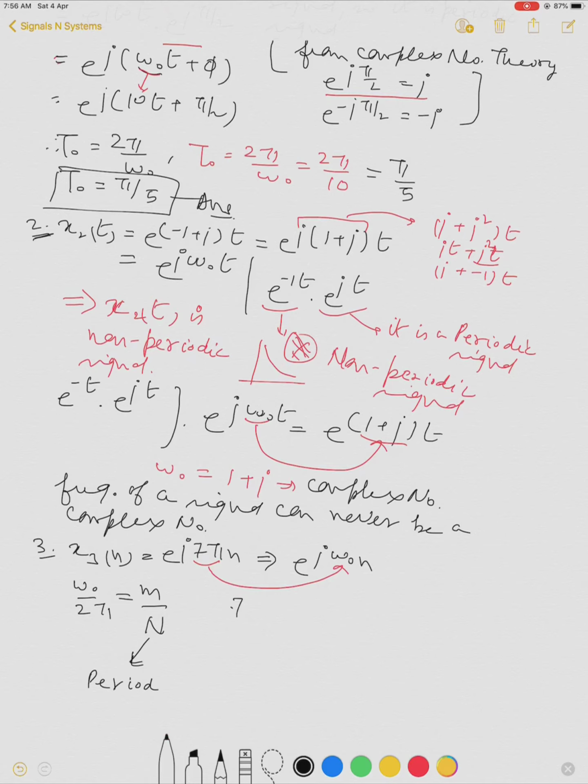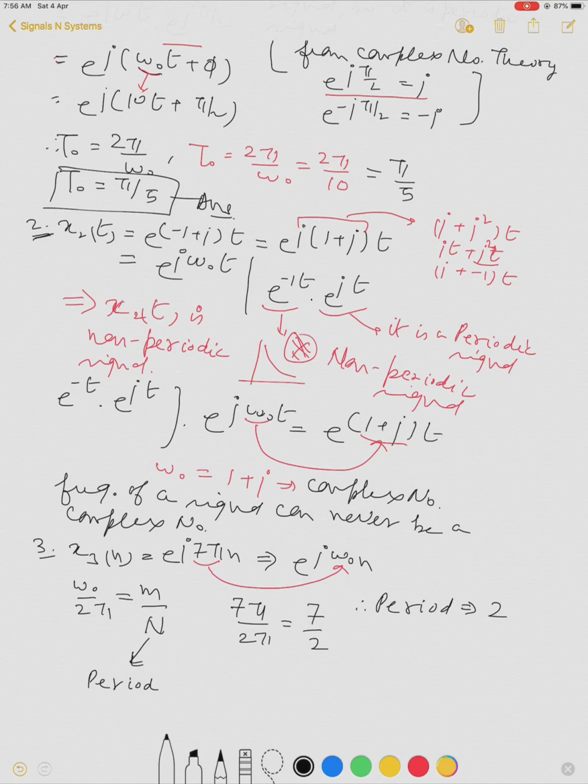So 7 pi upon 2 pi is equal to 7 by 2. So what is the period? The period is not 7 by 2. The fundamental period of this signal is 2.